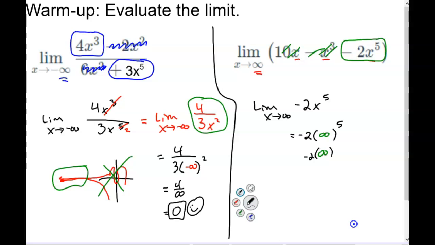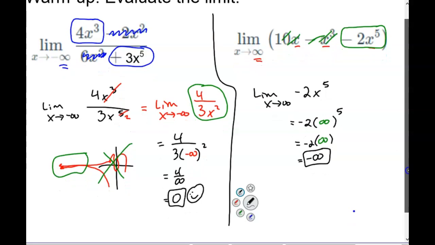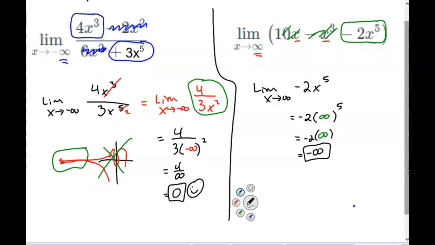Timesing it by negative 2 isn't really going to change it other than the fact that it makes it negative infinity. So what do I know about this graph? Right? I don't really know what this graph looks like, other than it has an odd degree. So I know that one end is up and one end is down in terms of its graph.